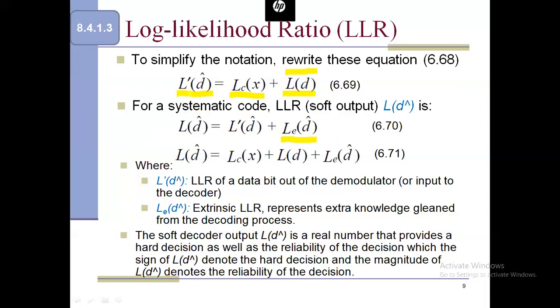So if I substitute the value of this estimated value in here, we will have this expression for the data.